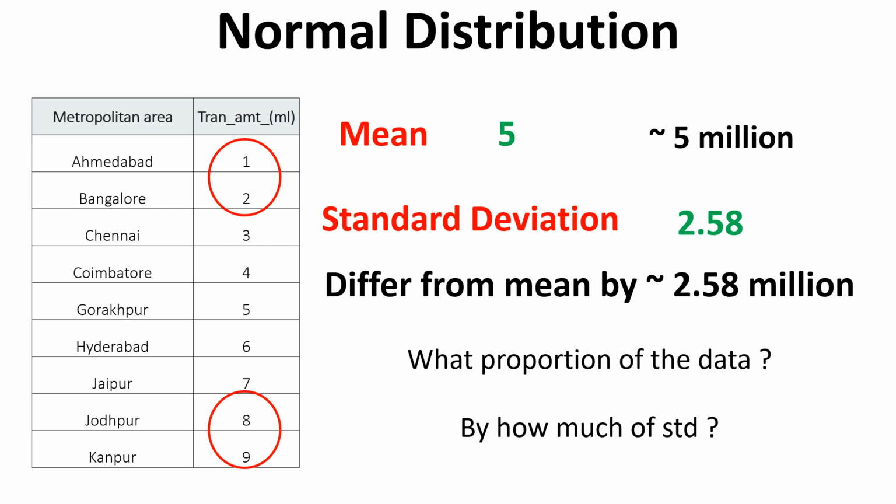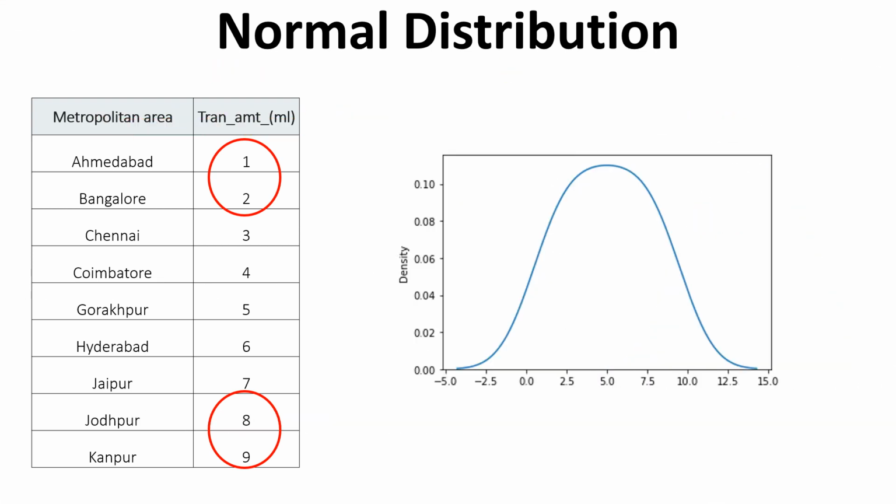Because this 2.58 is just one standard deviation, and if you look at this data point, it is apparently not deviating by just 2.58, and this one of course is not deviating by just 2.58 either. So what is the solution? How are we going to solve all these doubts? Don't worry, here we're going to use the normal distribution.